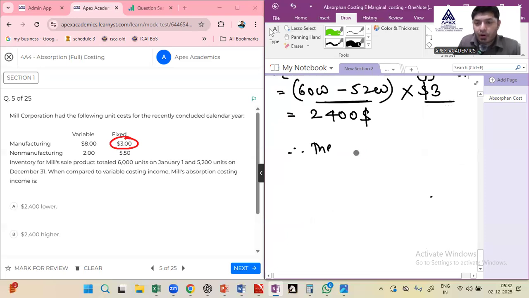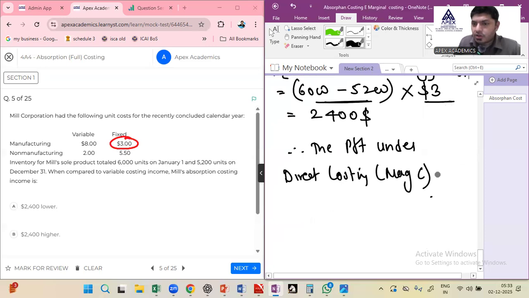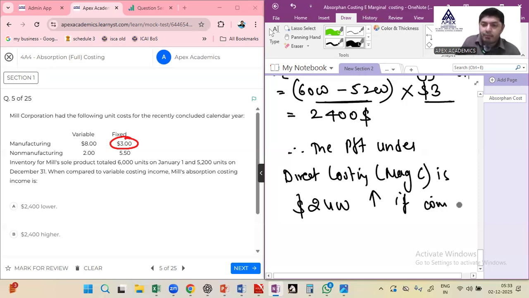Therefore, the profit under direct costing, which is nothing but marginal costing, is $2,400 higher compared to absorption costing. That's your answer right here.